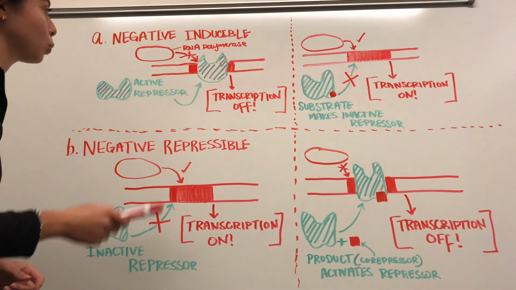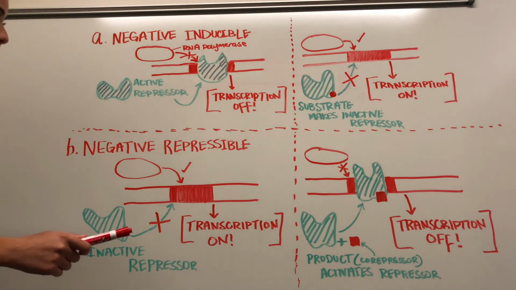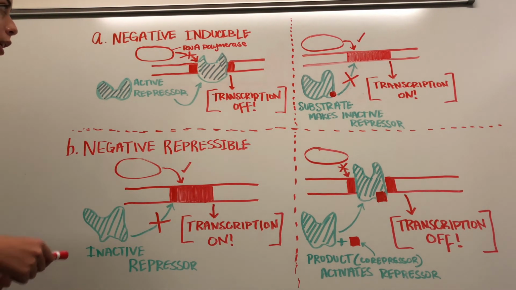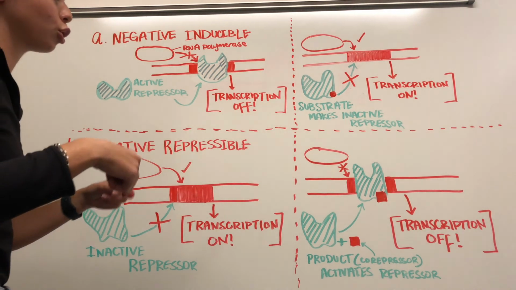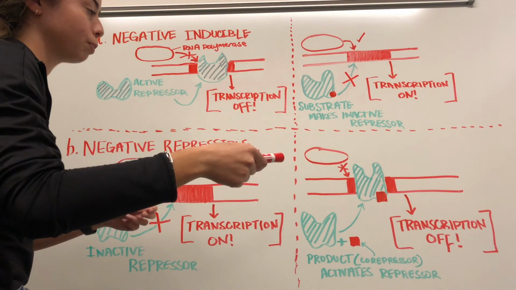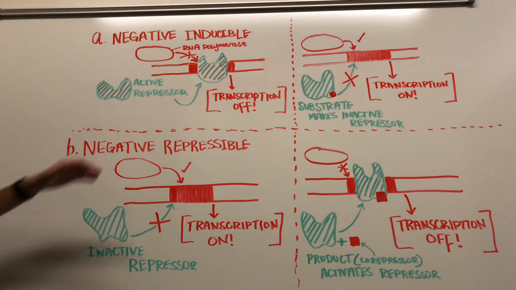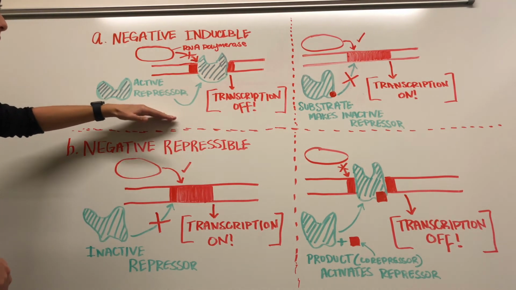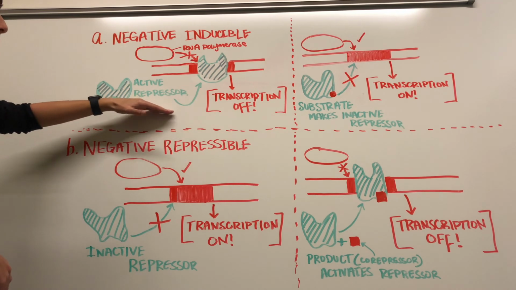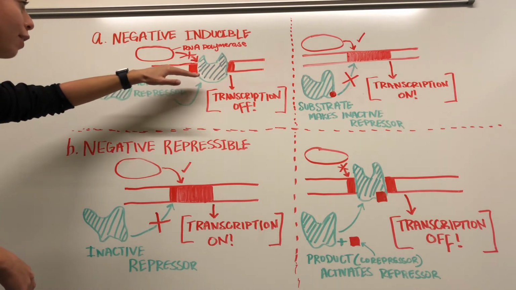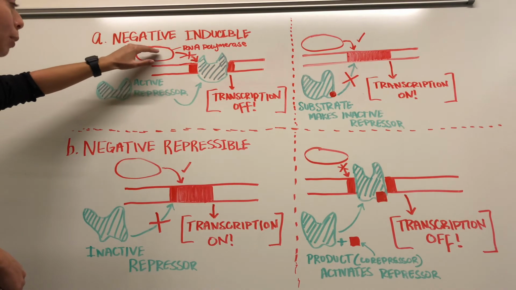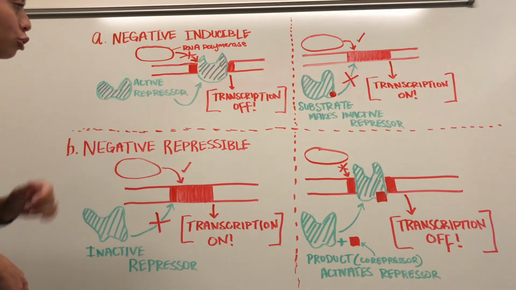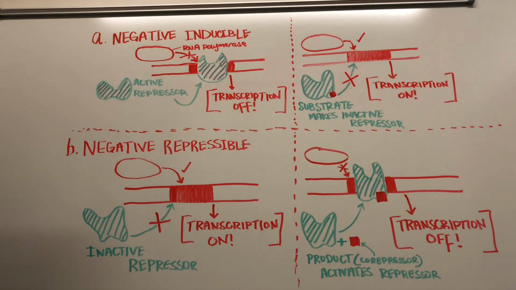So in an inducible system, we've talked about it already. It's normally turned off, but can be made to turn on. Since it's normally off, that means the repressor has to be active. It has to bind to the operator site, thereby inhibiting RNA polymerase from transcribing these structural genes.